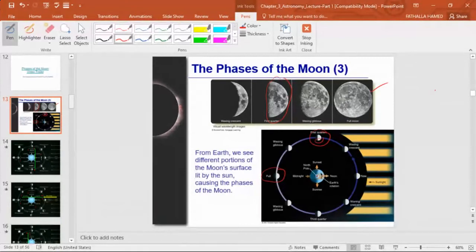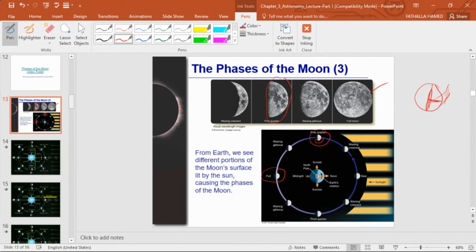So if you have something like that, and this is half of it, that's what we see. You can draw this in 3 dimensions, so you can see a quarter of the Moon. But the projection of that quarter of the Moon becomes like half a disk in the sky, and that's why we call it a quarter moon. That's the name for it.